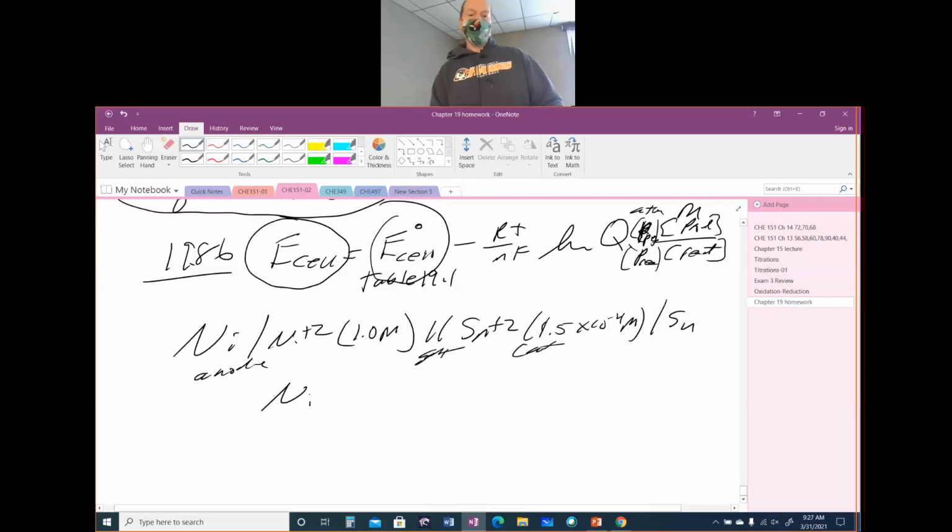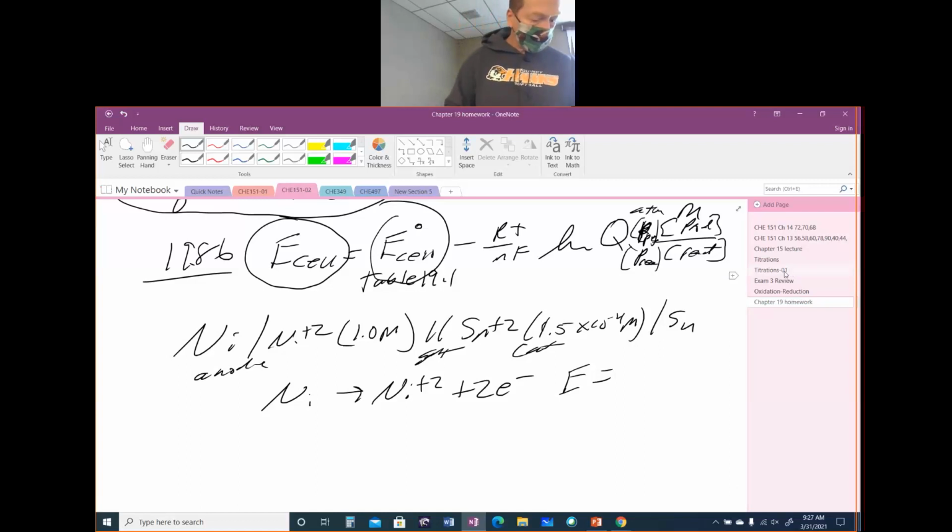So the anode is oxidation. Nickel goes to nickel plus 2 plus electrons. You look on table 19.1. You remember that this is an oxidation, and so you have to reverse your E value.